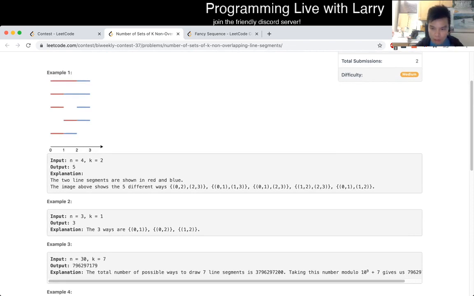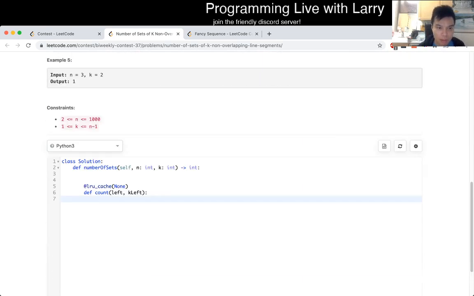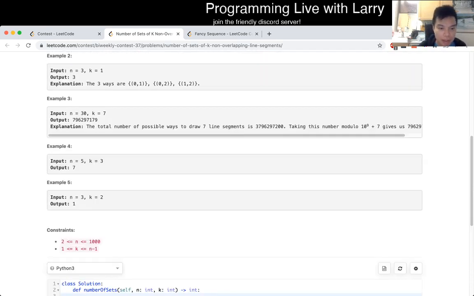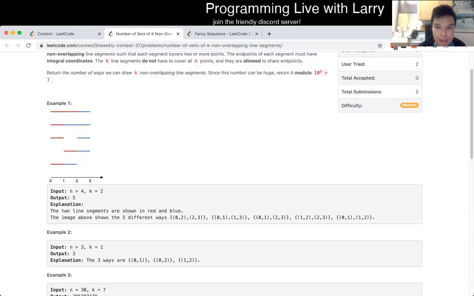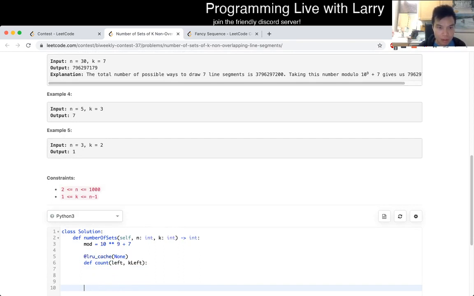Do I just start at 0? No. Also remember the mod, remember the mod, remember the mod. I think this one over, but I always forget.